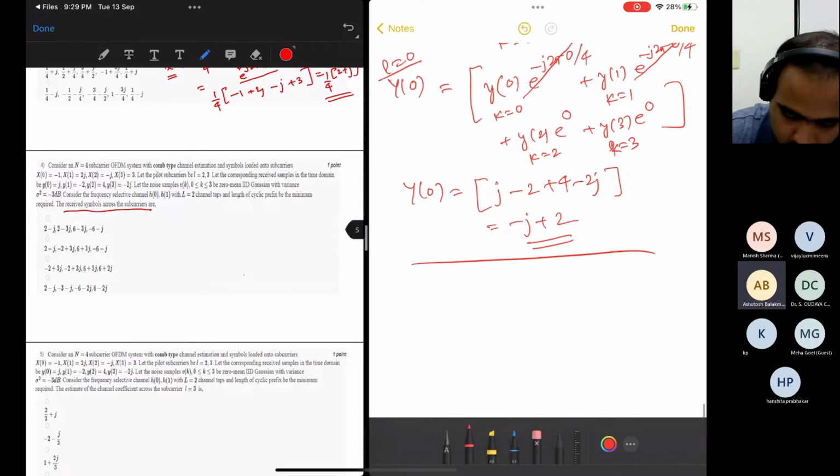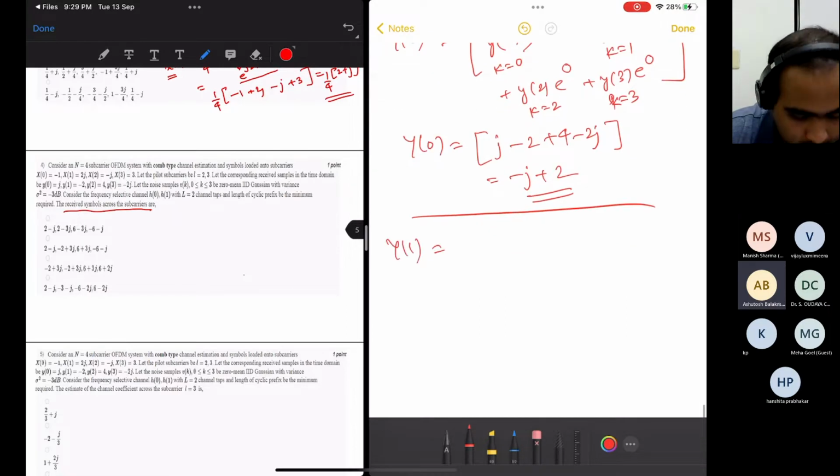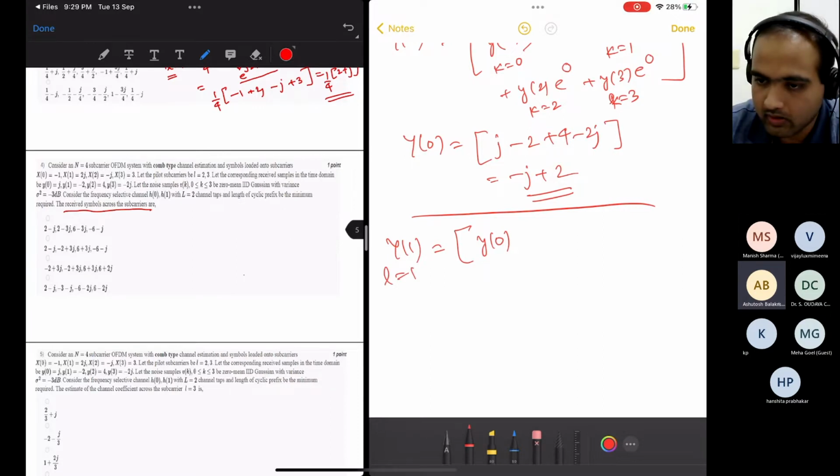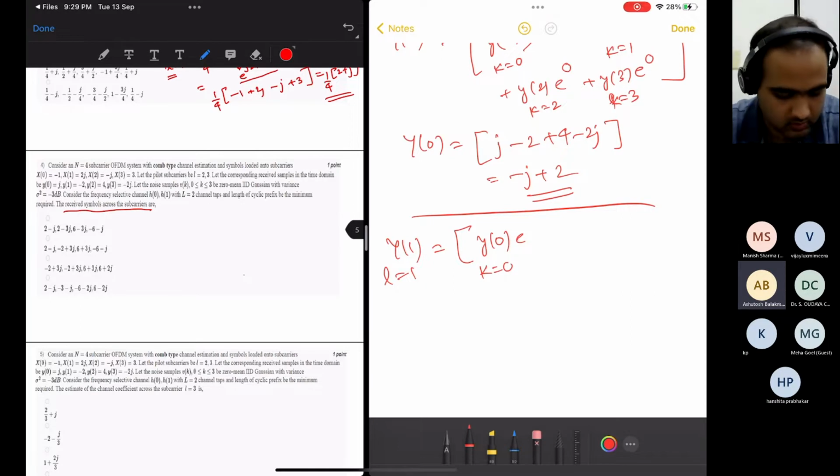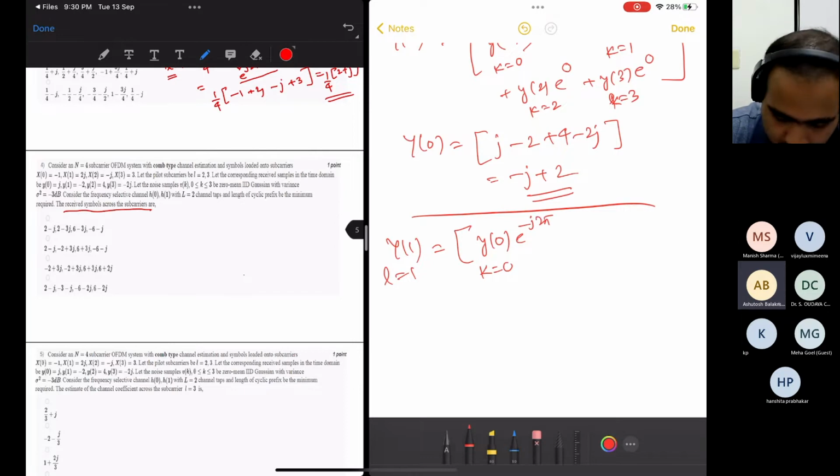Now let us solve for Y of 1. So it will be a bit complicated. So what is Y of 1? Y of 1 means at L is 1. So first we will expand for k is 0. So e to the power, was my formula. So we have minus j 2 pi k times L is 0 divided by 4, plus y of 1 e to the power minus j 2 pi.